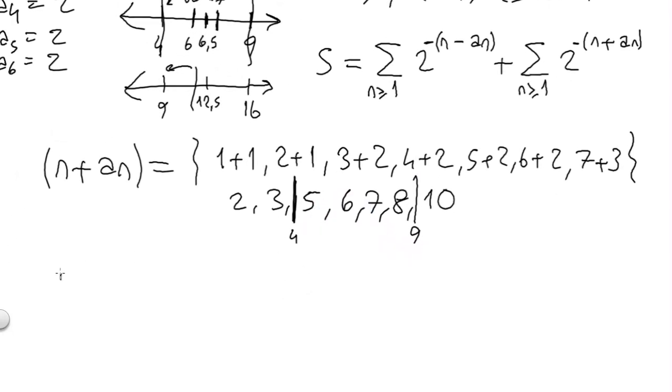And let's also do n minus a_n, because the first part is actually n minus a_n. So the signs are just going to be minus. So 1 minus 1 is just 0, 2 minus 1 is 1, 3 minus 2 is also 1. And this time it seems like maybe I will repeat them. 4 minus 2 is 2, 3, 4, and this is also 4.